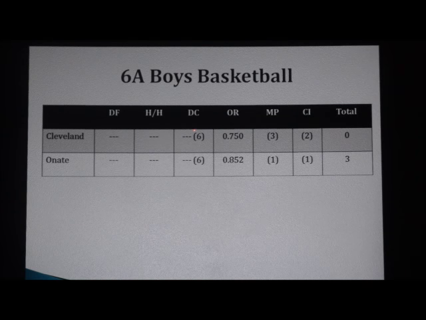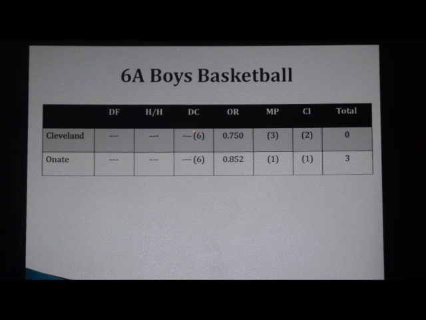We do look at the districts in Texas, Arizona, we look at Colorado, to see if those are district champions when a team beats them. In this particular case, Cleveland beat 6 district champions throughout the year, and Oñate also beat 6 district champions. Therefore, not one of them got the criteria point.